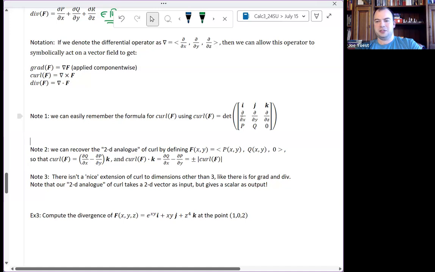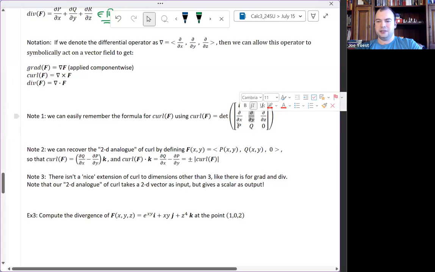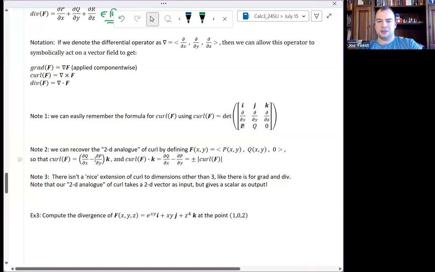Partial with respect to x of q. That's what I have here. And then minus partial with respect to y of p, and that is what I have there. So it all works out. Let me put the r back in there. So I see that curl f equals dq dx minus dp dy times k.